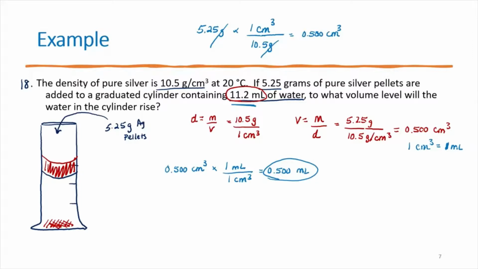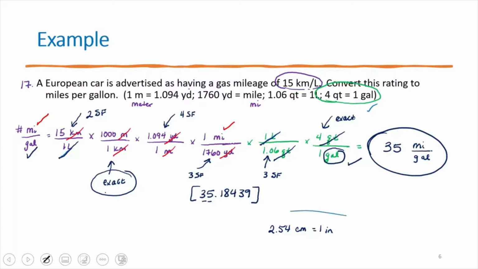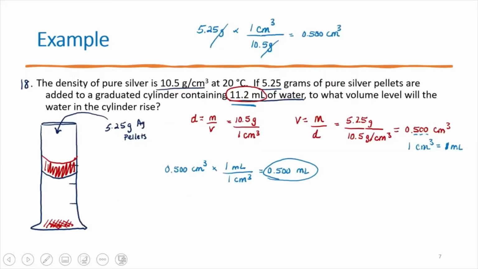One more thing, why did I keep this to 0.500? Why did I add 2 zeros here? I added 2 zeros because, I apologize, there's 3 sig figs here, and there's 3 sig figs here. So I need to keep 3 sig figs in my answer.